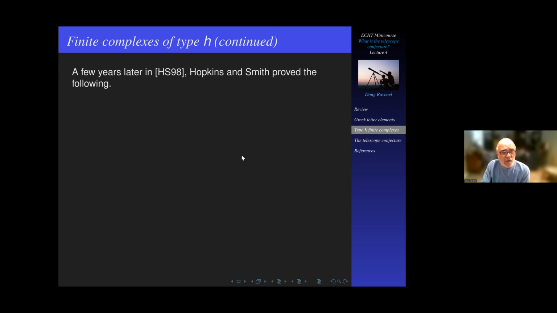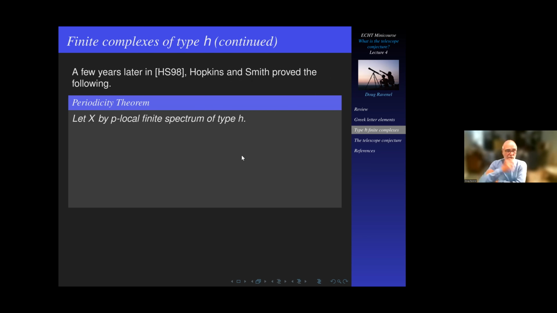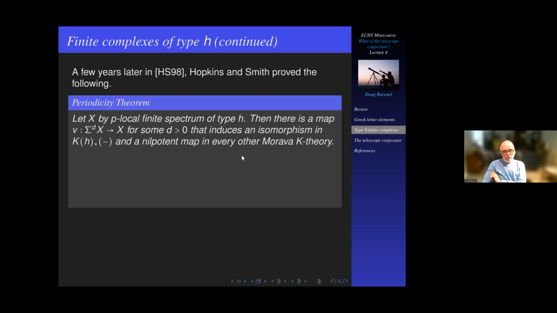Now, a few years later, Hopkins and Smith proved the following. Let's say that this is the periodicity theorem. Let's say X is a p-local finite spectrum of type h. Then there is a map from a suitable suspension of X to itself, a positive suspension, that has the following property.